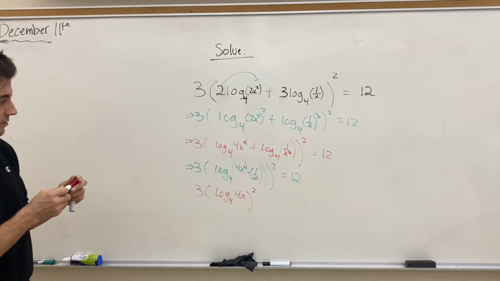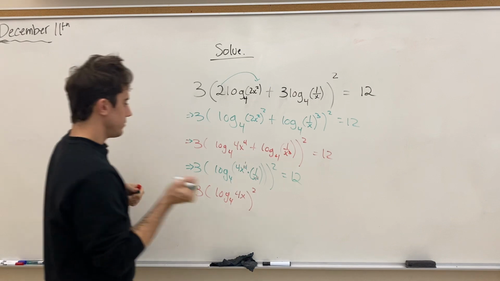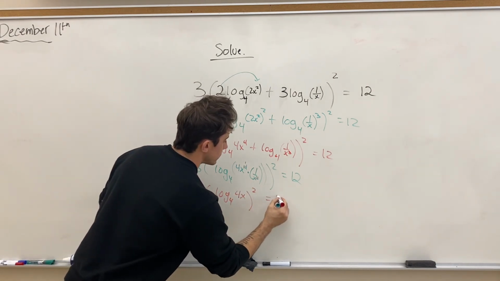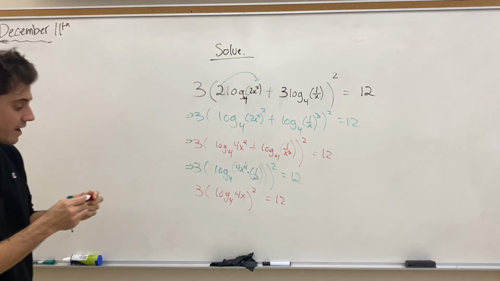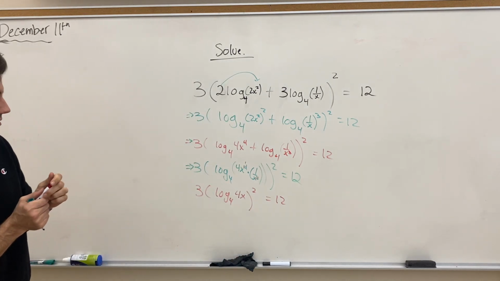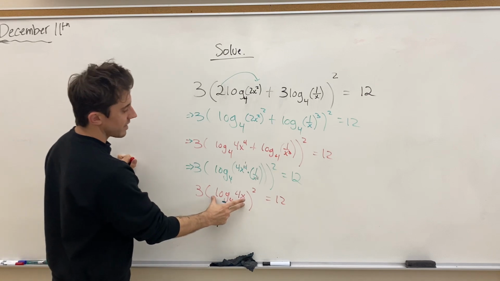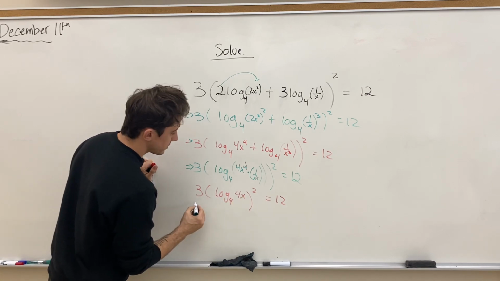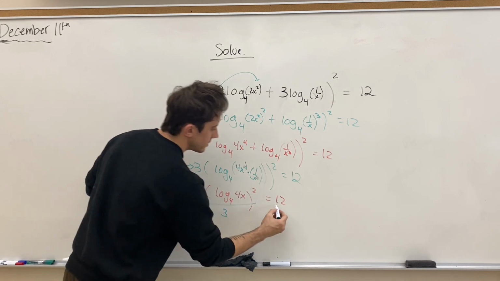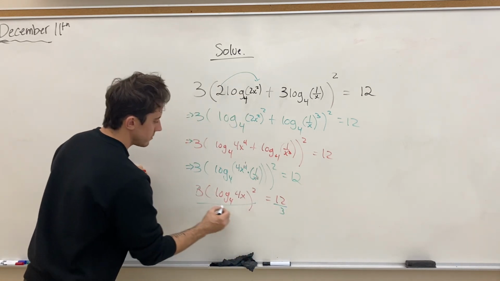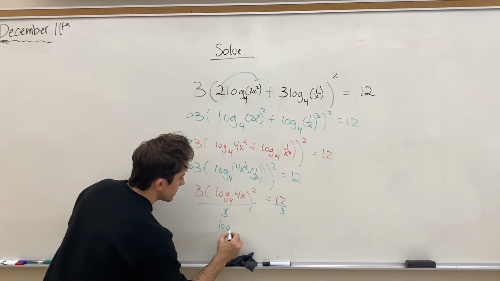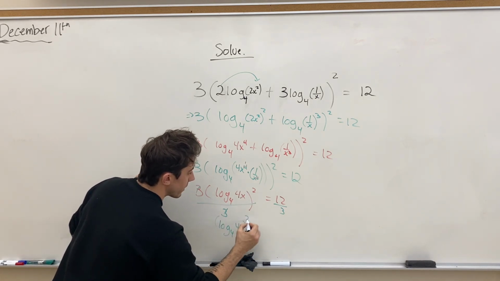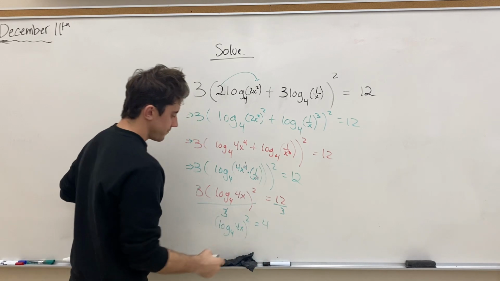And we have that all squared, and of course, that's equal to 12. Now we're getting down to the end of our solution. So let's isolate the 4x term over here. Let's get rid of the 3 up front by dividing both sides by 3, like so. So log base 4 of 4x all squared is equal to 4, right?